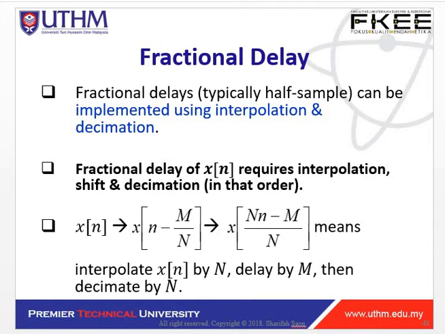Next is the fractional delay. So fractional delay can be implemented using the interpolation and decimation. So fractional delay of xn requires interpolation, shifting, and decimation, and in that order, which means that you need to follow the sequence. So first is interpolation, then followed by shifting and decimation.